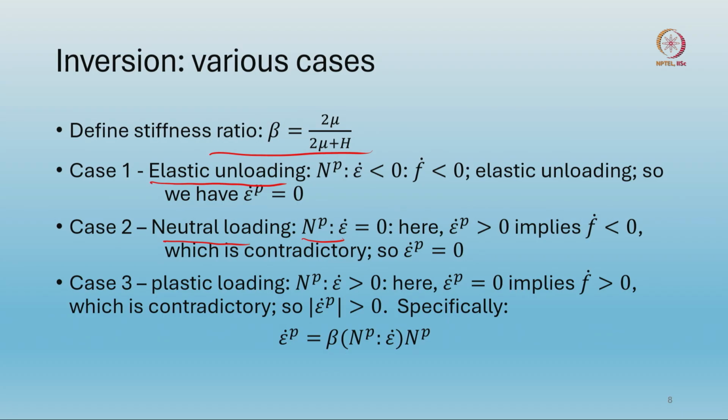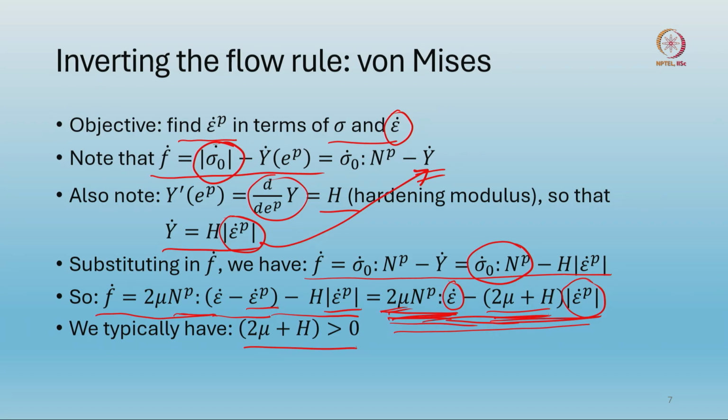But the most important case is the third case, which is called the plastic loading, where the inner product of NP and epsilon dot is greater than 0. In such a case, you can clearly see from the expression for f dot that the first term is greater than 0, but if the second term is equal to 0 because epsilon p dot is 0, then f dot becomes greater than 0, which is inadmissible.